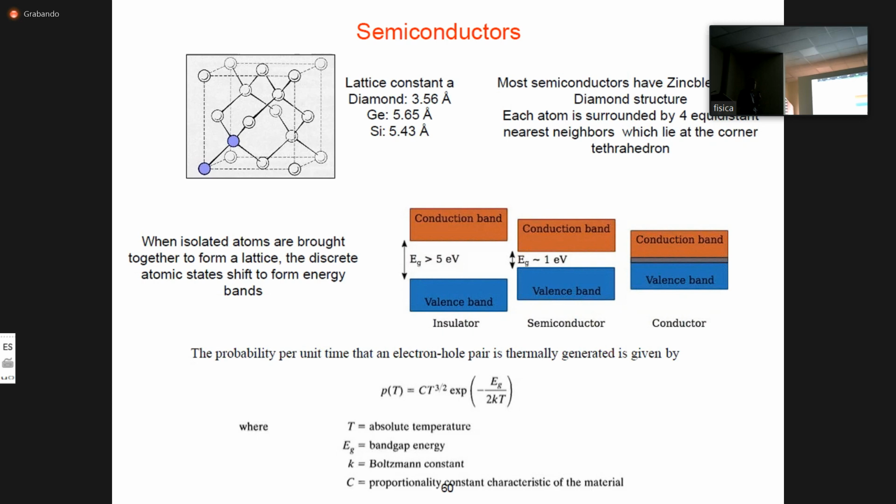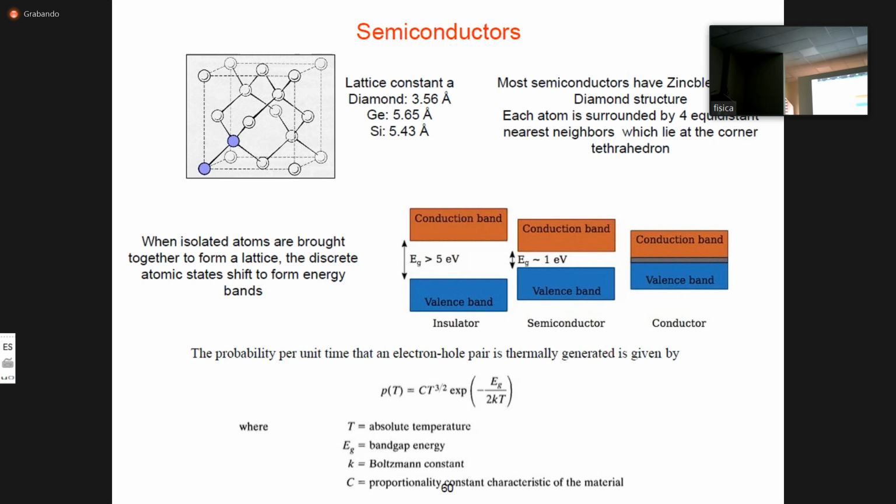And here, just the last type of detector I would like to show you, which is called the solid-state detectors, which utilize semiconductor materials. Both semiconductor materials have this crystalline structure. Most semiconductors have zinc blende or diamond structure. A picture of a crystalline structure you can see here.